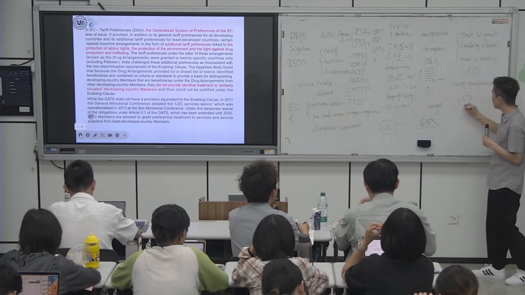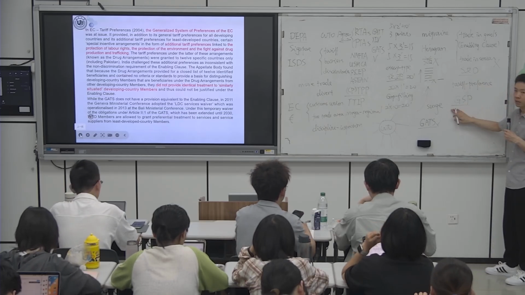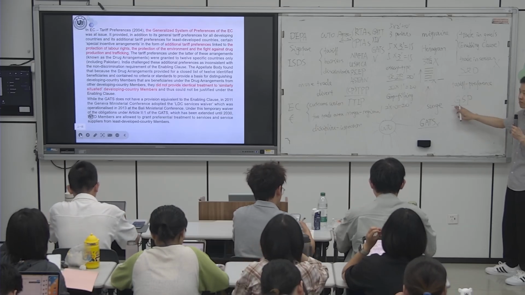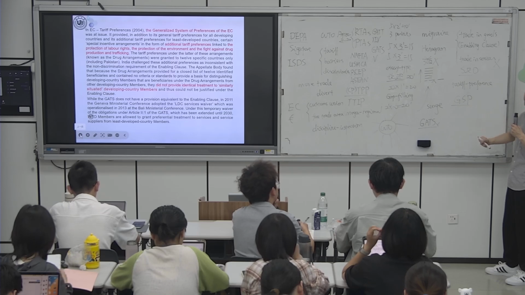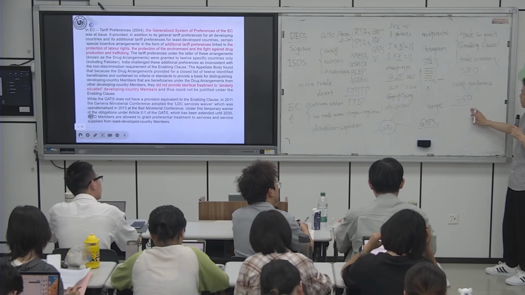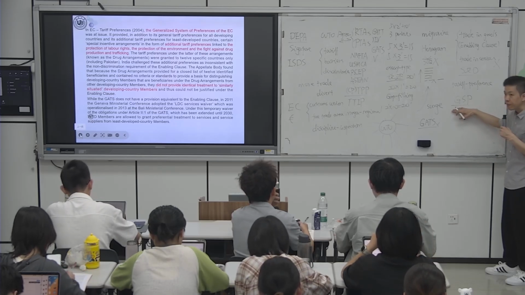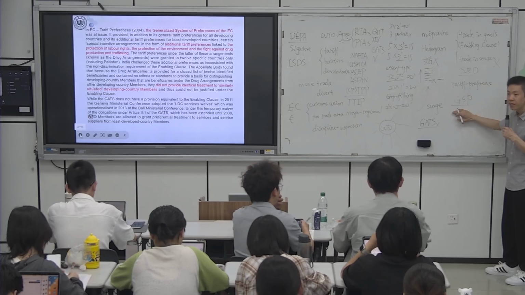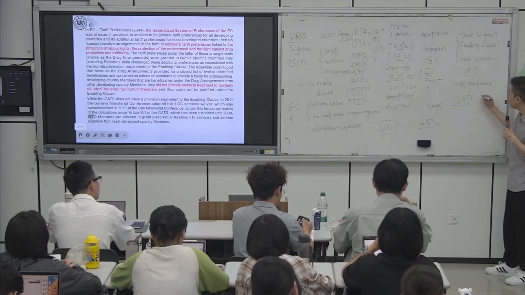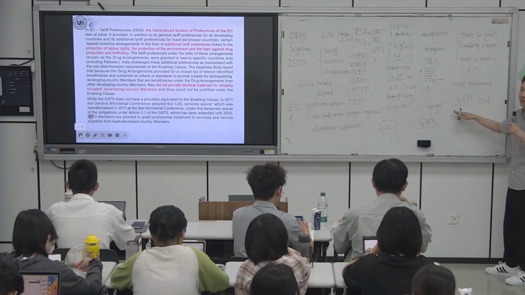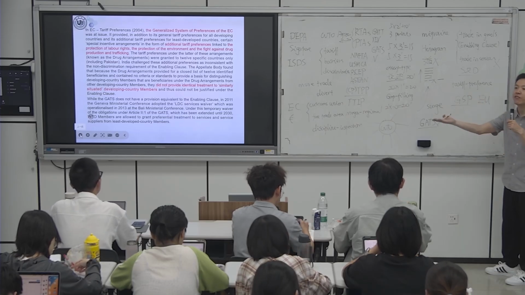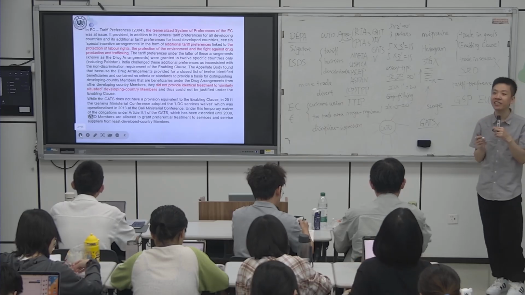What does GSP mean? Generalized system of preferences. 普惠制. This is a regime designed for the developed countries, for example, EU, to give preferential tariff rates to those developing countries, even China included.